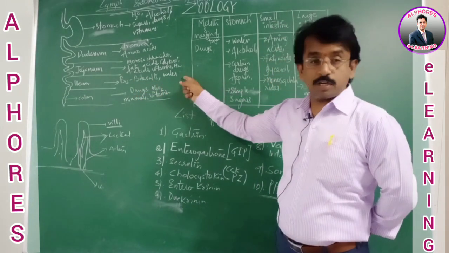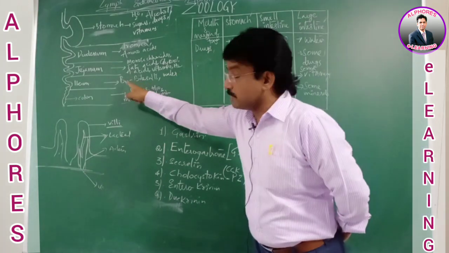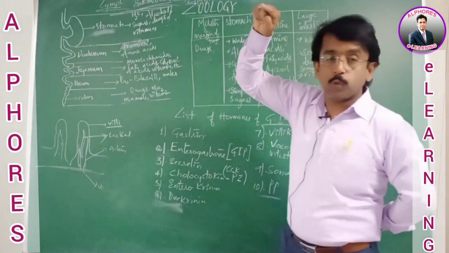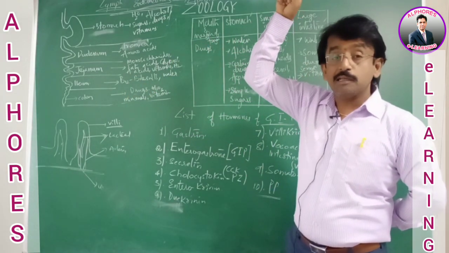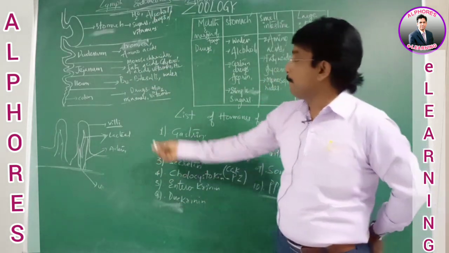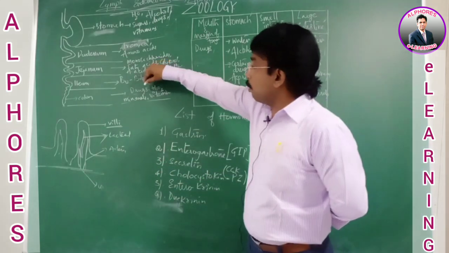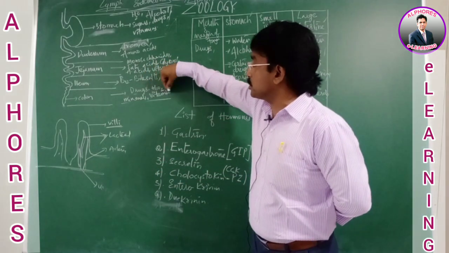Next, bile salts and water. So the absorption of vitamin B12 takes place in the small intestine, for which the preparation is done in the stomach itself, that is to remember. Then the colon is the large intestinal part where drugs, water, minerals and vitamins are absorbed.